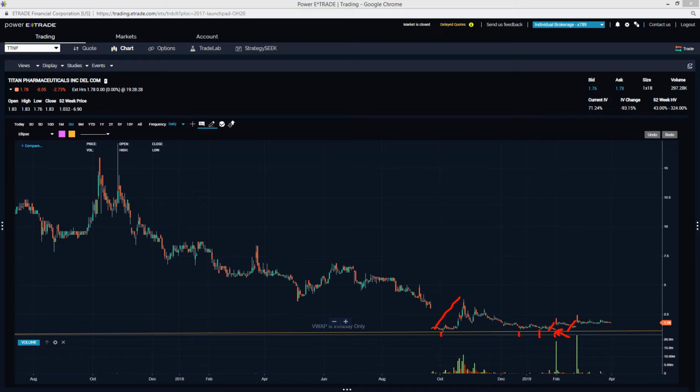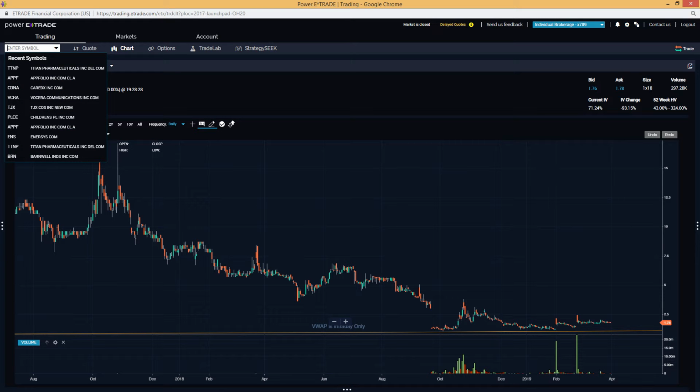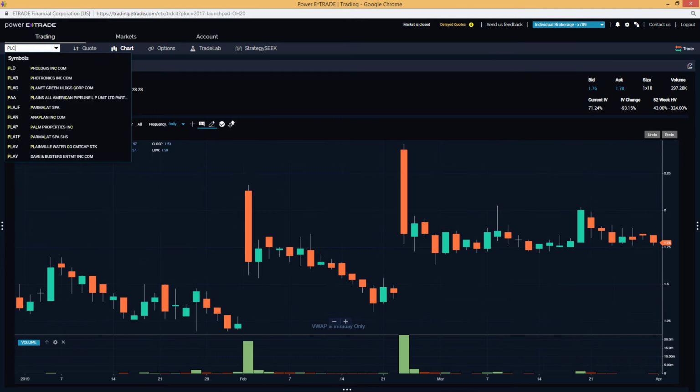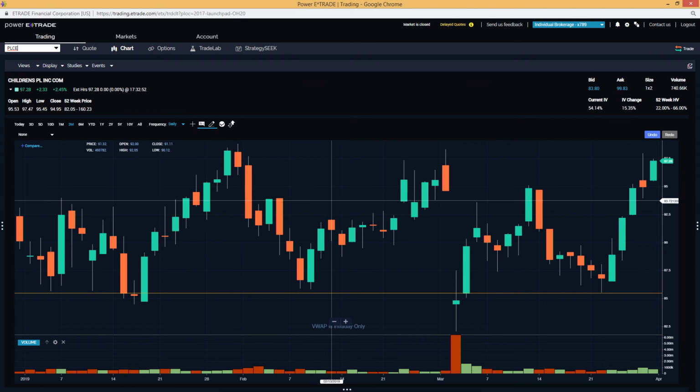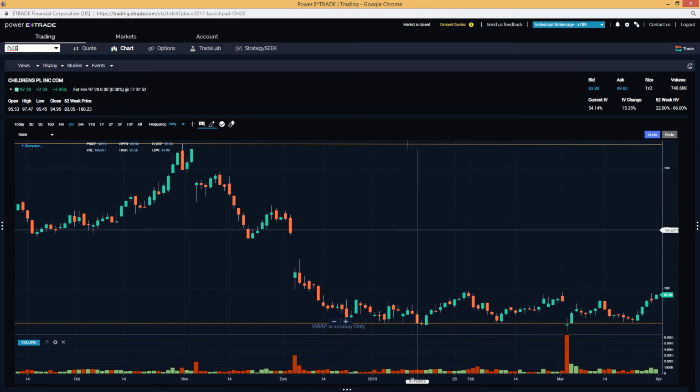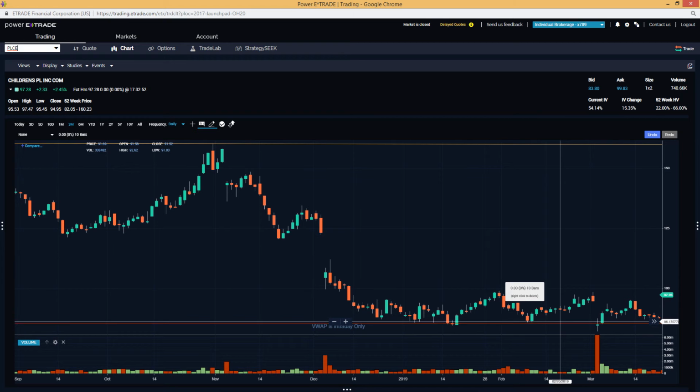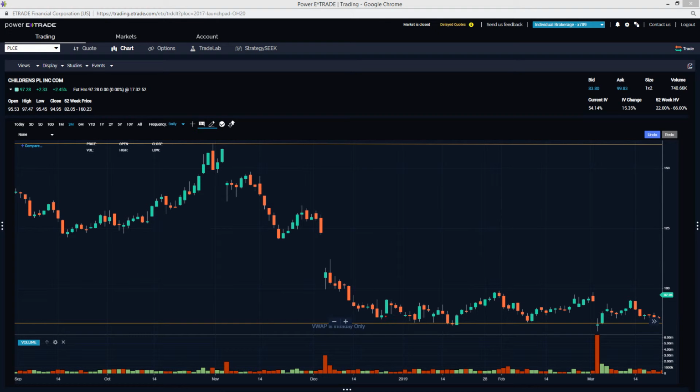I don't want to beat a dead horse, but let's do one more example, so we can all be on the same page and learn something here today. PLCE. On here, as you can see, we are at the $85 mark. That is the support. So 1, 2, this is holding the stock up.